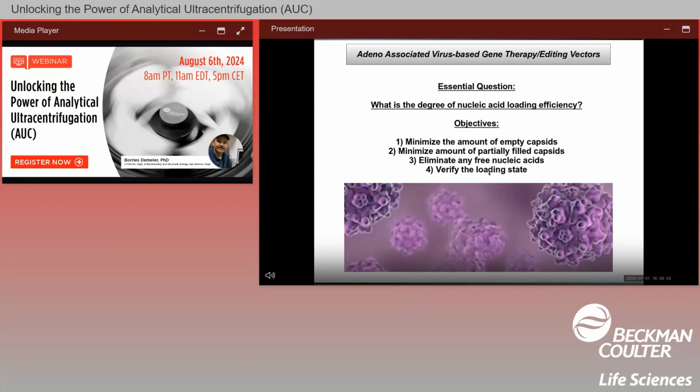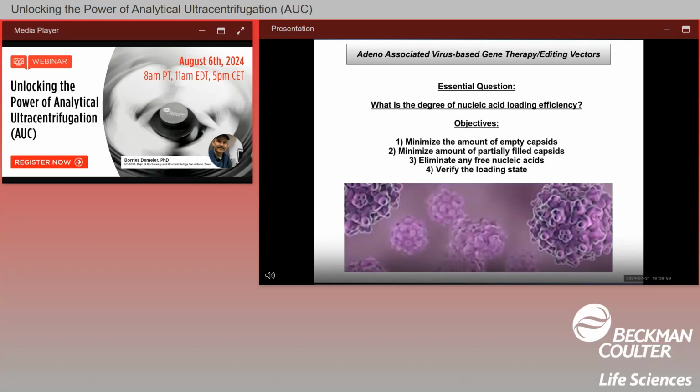So adeno-associated virus, or AAV-based gene therapy, is a very important application in biopharma, where the essential question is, what is the degree of nucleic acid loading efficiency in your capsid? When you make AAVs, you always get undesirable side products that are either empty capsids or partially filled capsids, which need to be minimized.